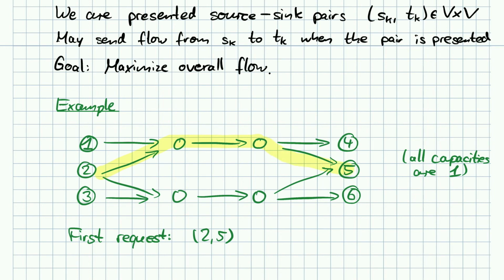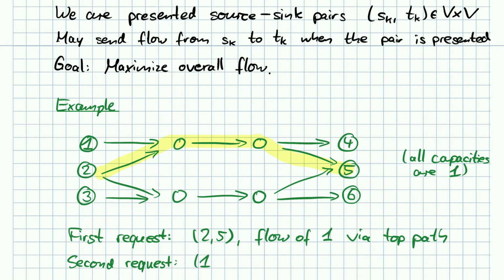But then, if the second request, if we send a flow of 1 via the top path, then the second request, which would be 1, 4, for example, would have to be rejected.